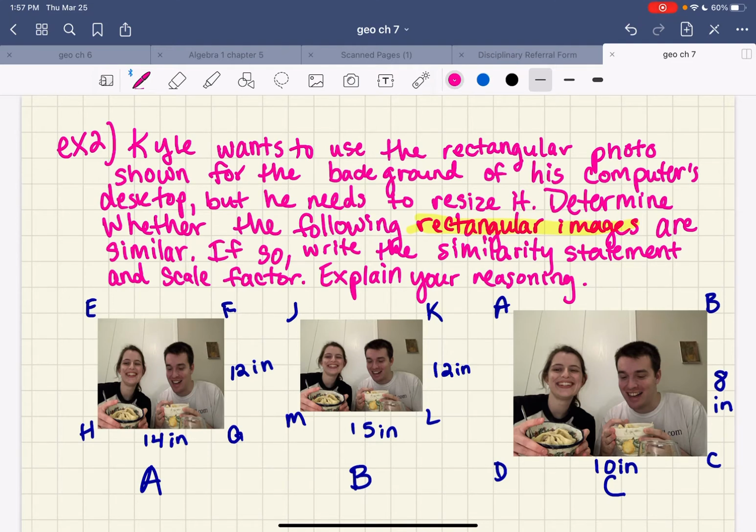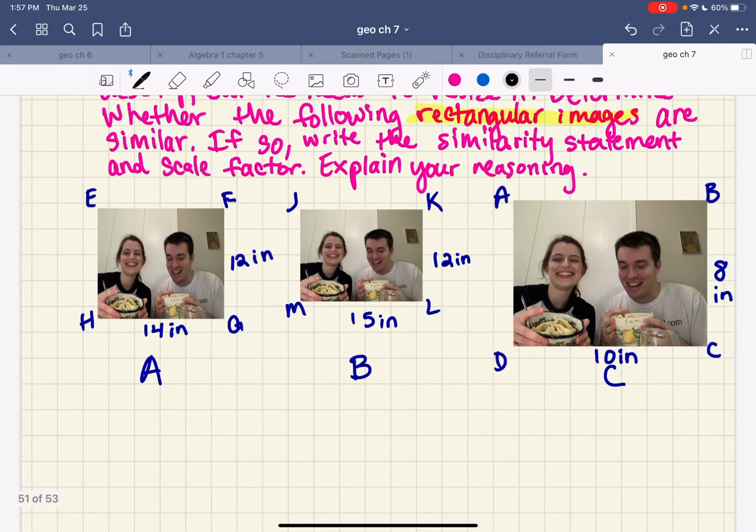Explain your reasoning. All right, so we, of course, have the ability to work backwards once we know the definition of similar figures. So I want to figure out, are all of these similar or not?